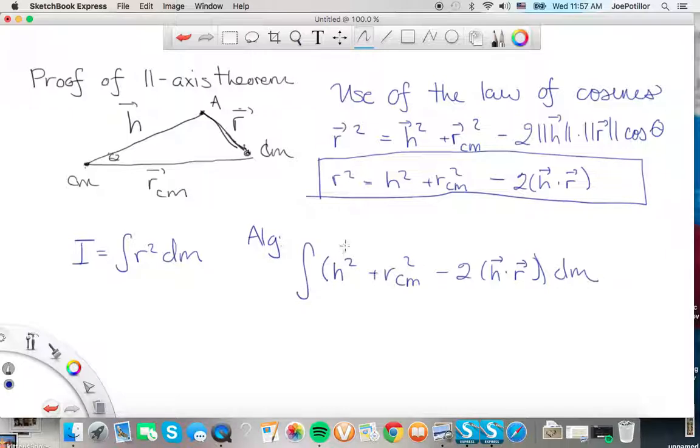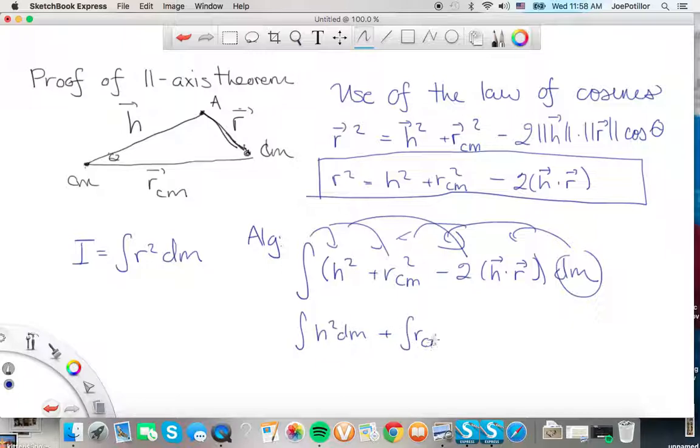And then we integrate it. Now, recall that the integral sign can be distributed this way, that way, all three. So this ends up being the integral, or the sum, of h squared dm plus the integral of rcm squared dm minus twice the integral of h dot r dm.